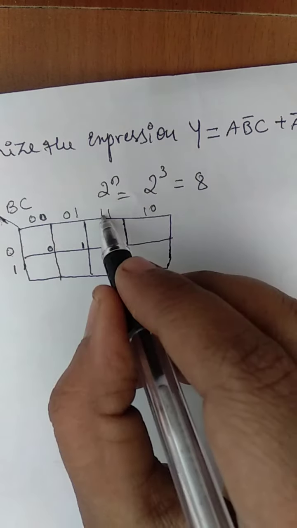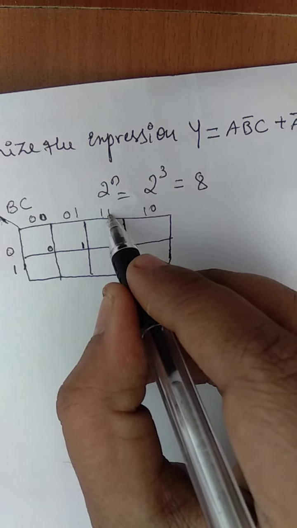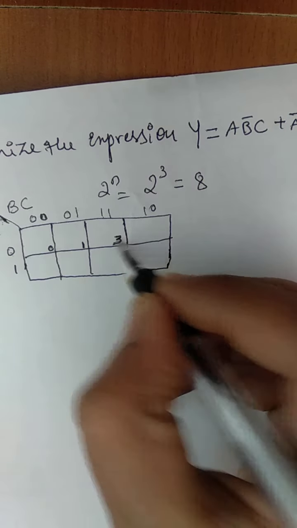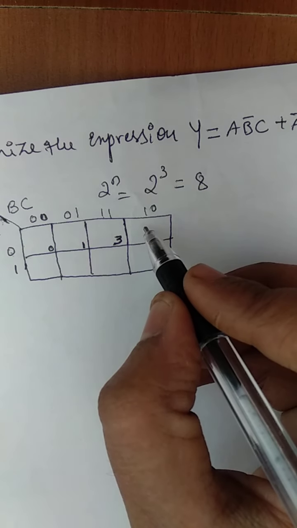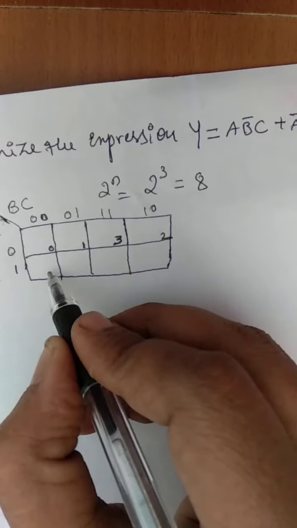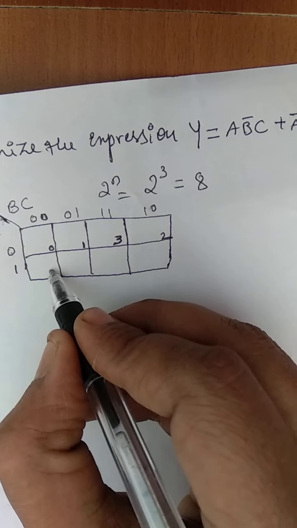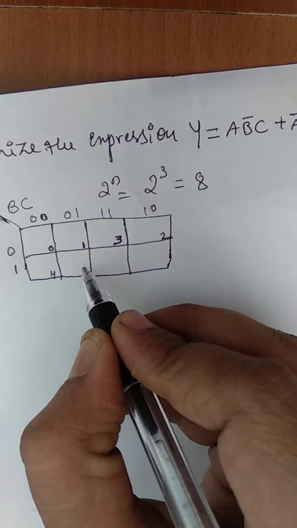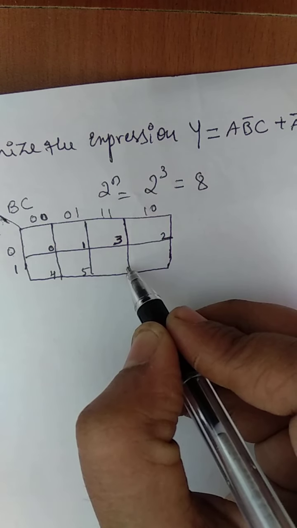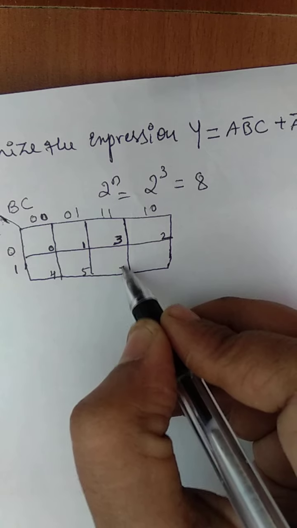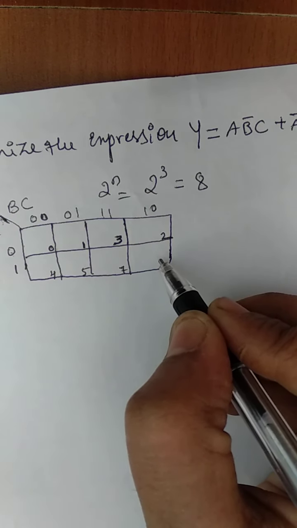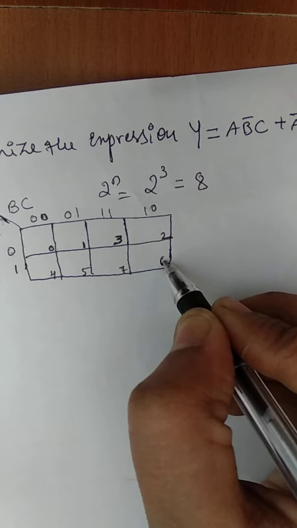So I am just showing each cell value. 0, 1, 1, the value is 3. Then 0, 1, 0, it is 2. Then 1, 0, 0 is nothing but 4. 1, 0, 1 is 5. Then 1, 1, 1 is 7. 1, 1, 0 is 6. How I have taken this value?